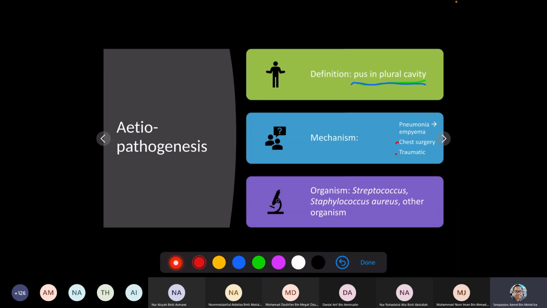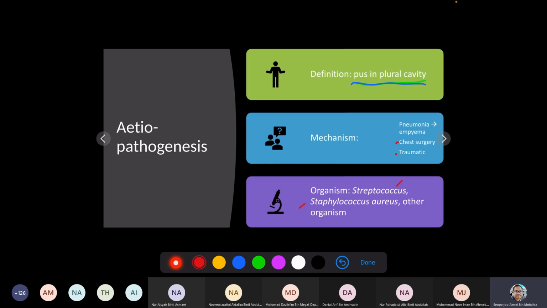So usually the most common bacteria are streptococcus and staphylococcus aureus, and also other organisms. It depends on the type of pathogenesis. Morphologically, we usually diagnose empyema with cytological assessment.